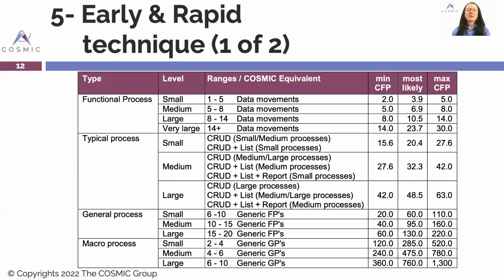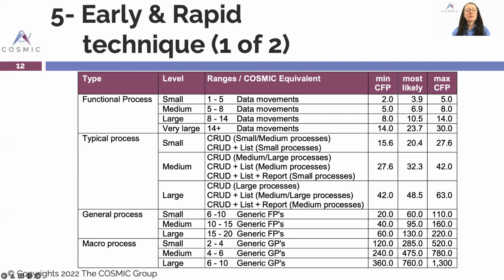The fifth technique, which is more refined, is the early and rapid technique. Now, this grid of data has been analyzed with data from 250 different projects, but all in the management information system.